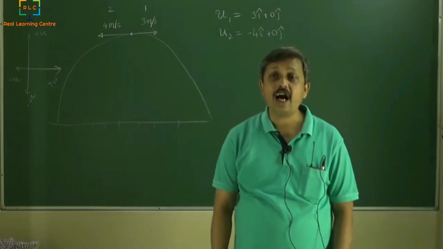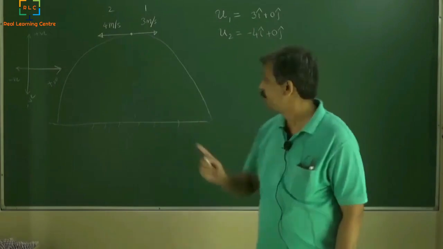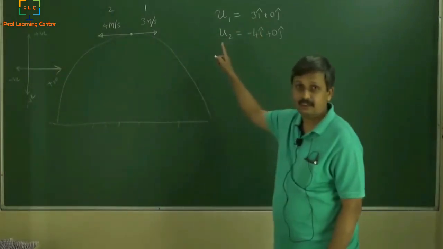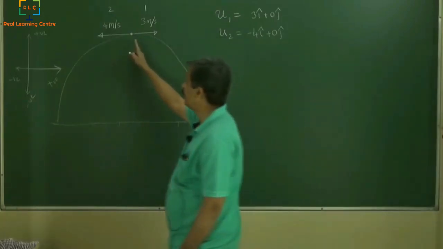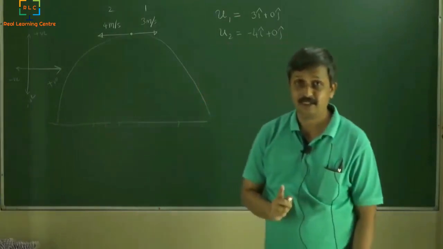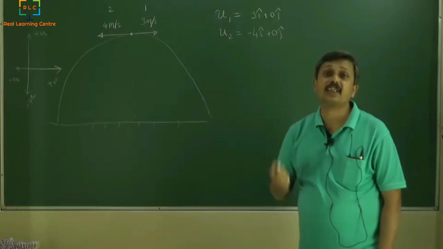Horizontally, the velocity remains at 3 meters per second because there is no force acting on it. Here the horizontal velocity will remain at minus 4 meters per second because there is no force acting on it. Now, what will happen to the vertical velocity?